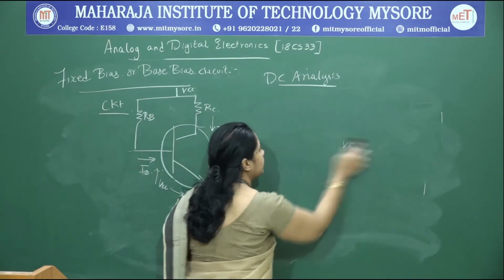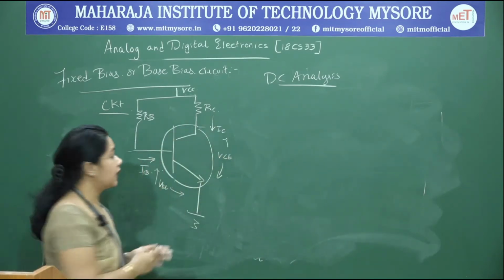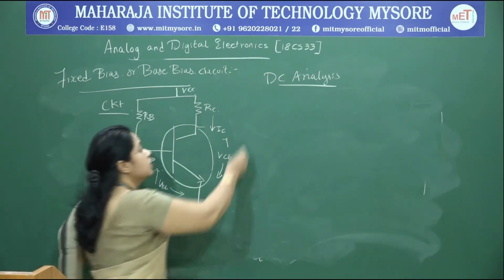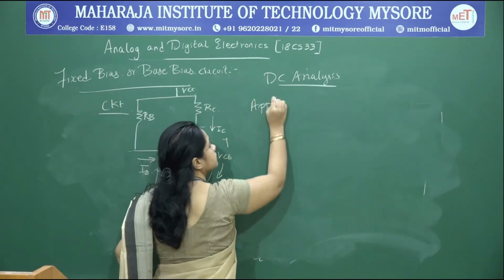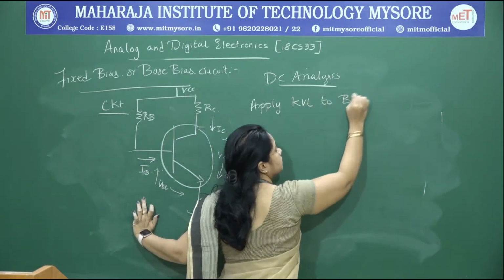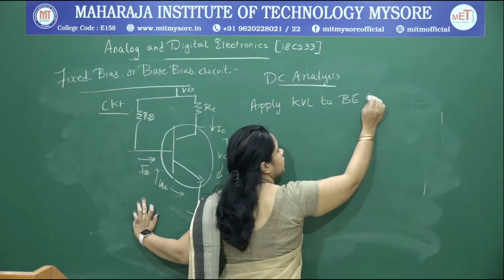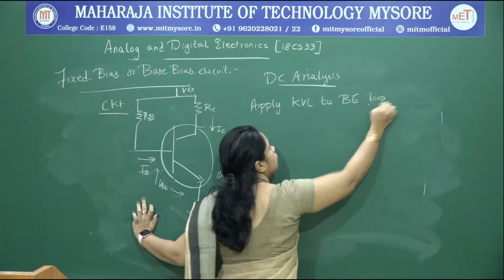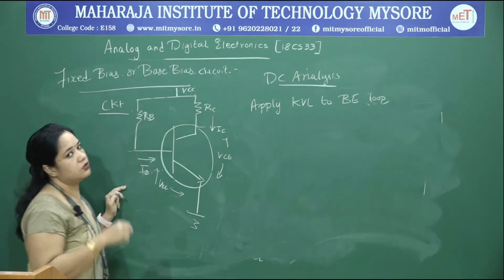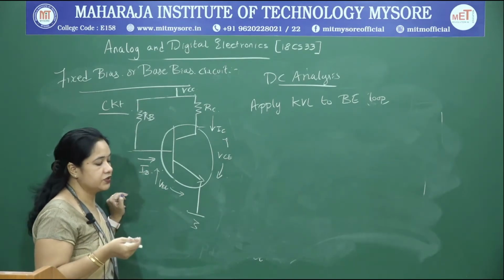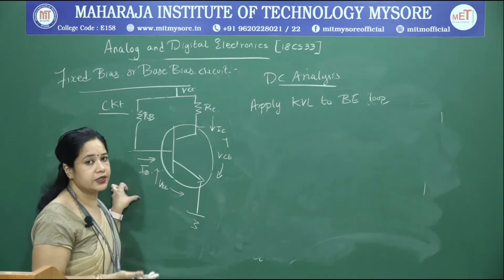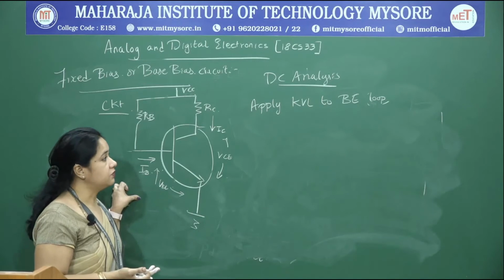Now, what I try to do here is apply KVL to the input junction, that is the base emitter junction. What is KVL? Kirchhoff's voltage law. Try to recall your first year electrical subject.